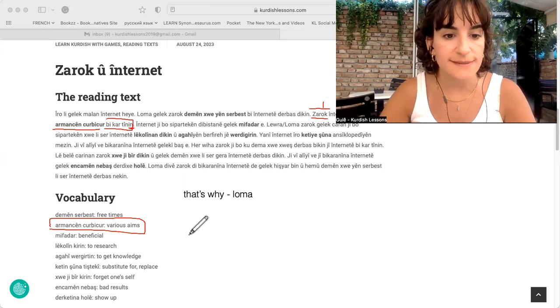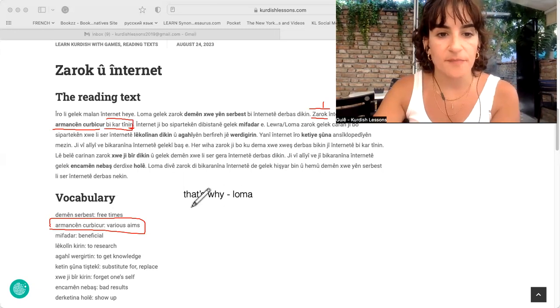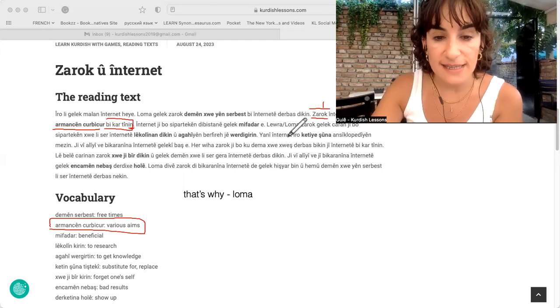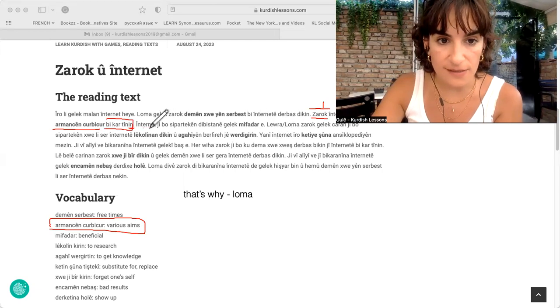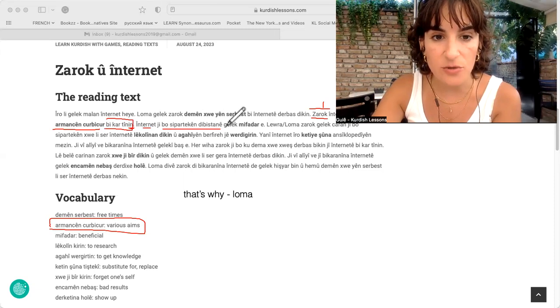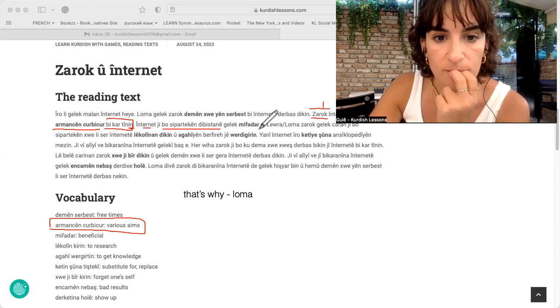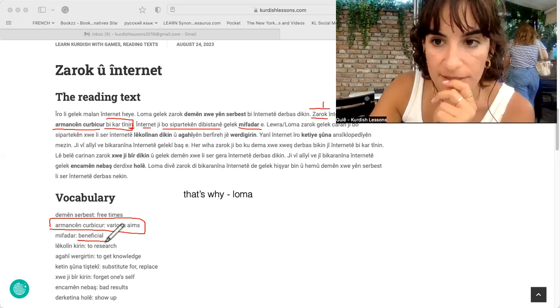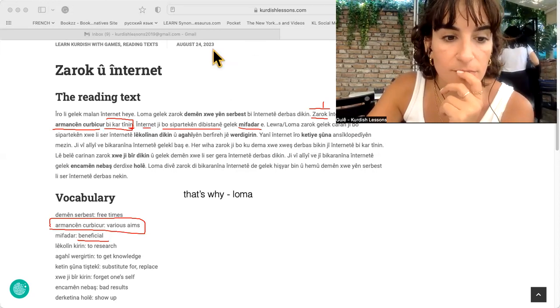Cûr bi cûr is various. And internet ji bo xebatên dibistanê gelek mifadar e. So internet for school homework is very useful. Mifadar here means beneficial, okay?